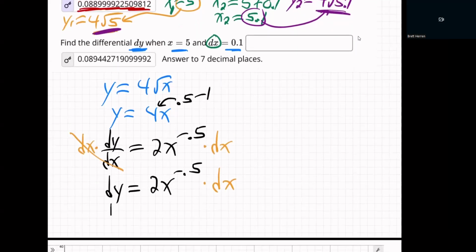So dy is 2. What is x? x is 5. We'll plug in that 5 there. 5 to the minus 0.5 times dx. dx is 0.1.